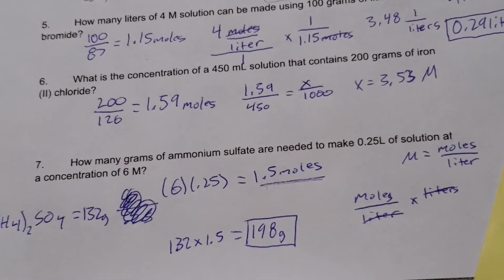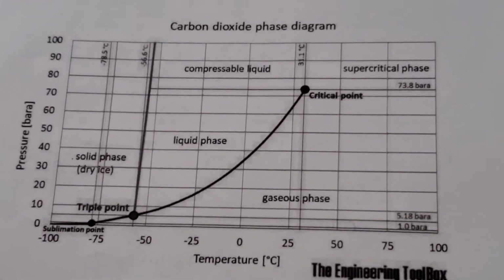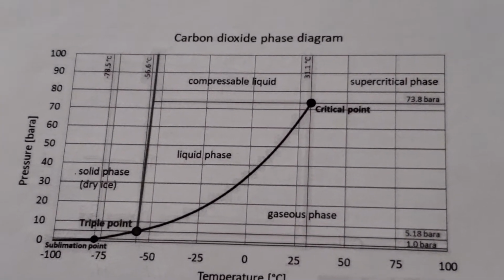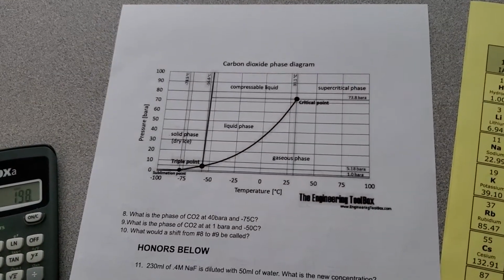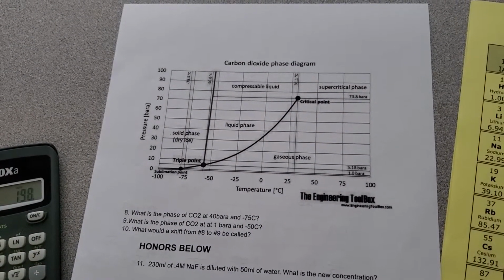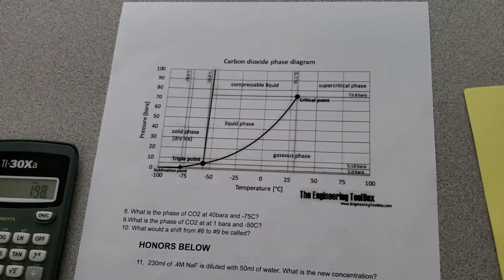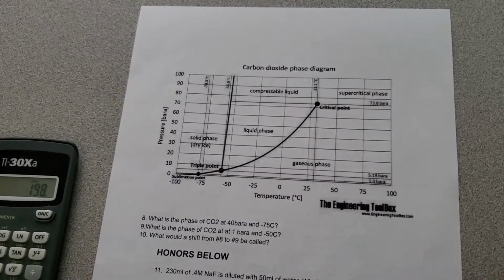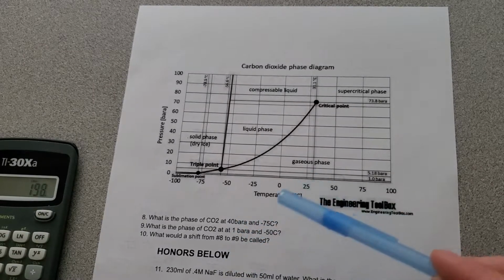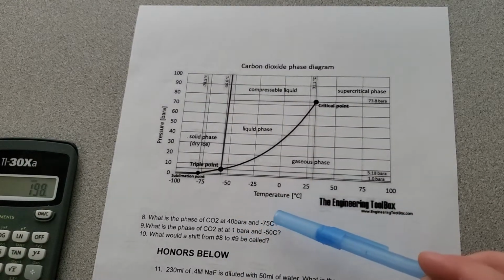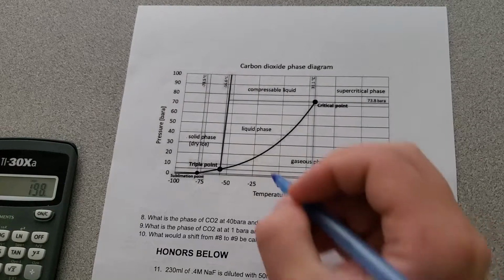That is also a more difficult question. Let me zoom out a little bit. Carbon dioxide phase diagram. What is the phase of CO2 at 40 bara and negative 75 degrees Celsius?